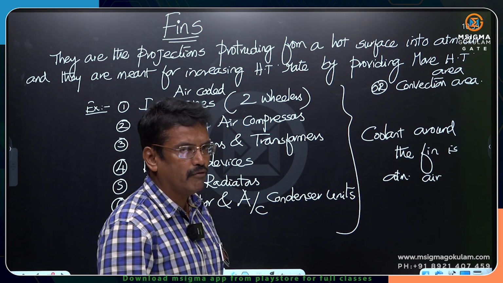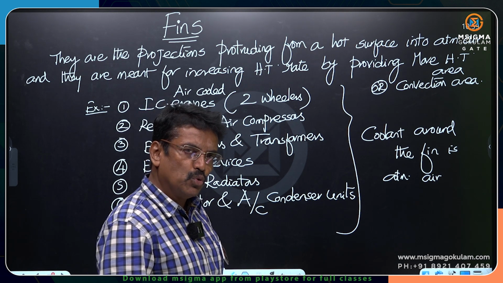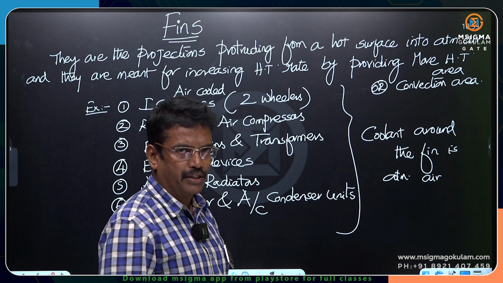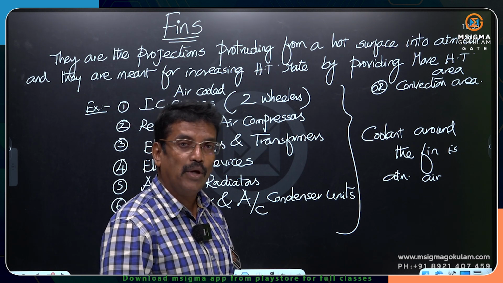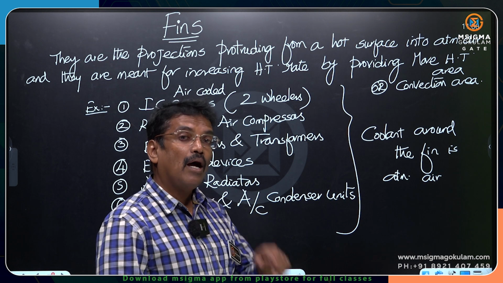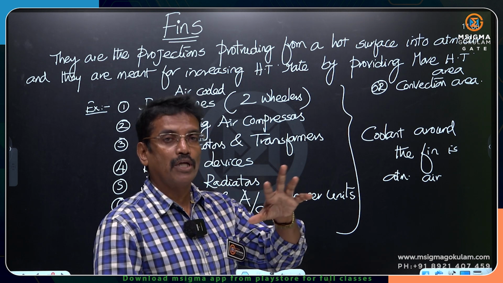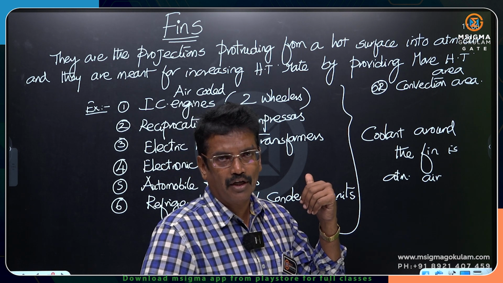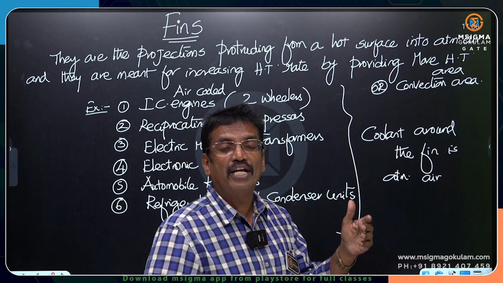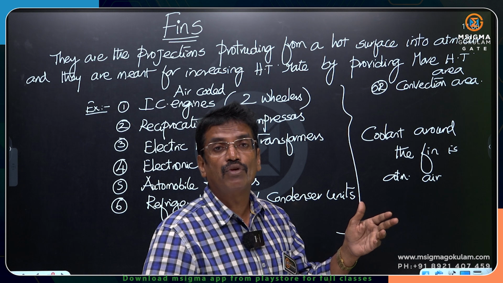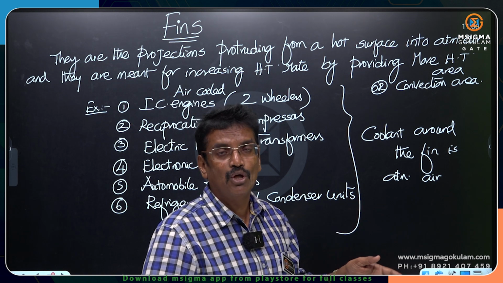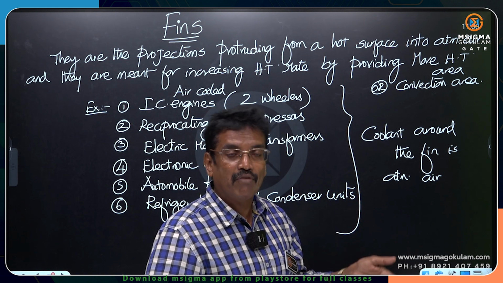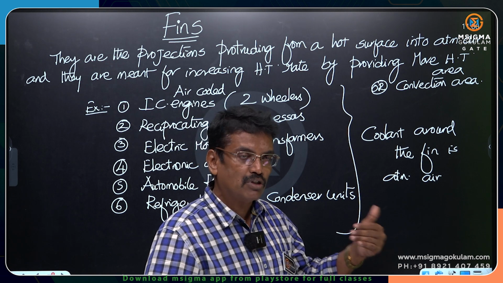Fins are never used with water. Whenever we are observing fins, by default I can say the coolant around the fin will be atmospheric air, the surrounding air present in the atmosphere. You can't give me an example where the fluid around the fin is water. We don't have to use fins when water is the coolant. Why like that? You will come to see later.